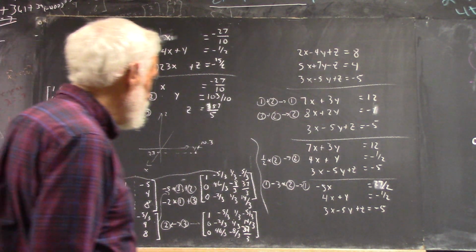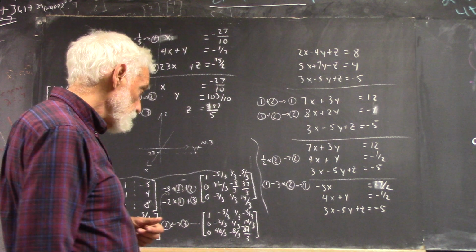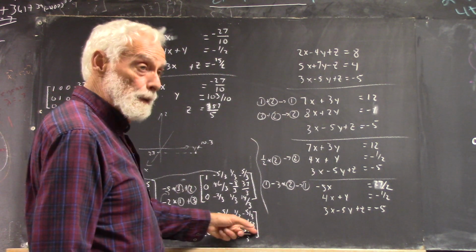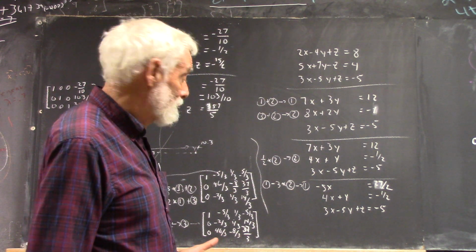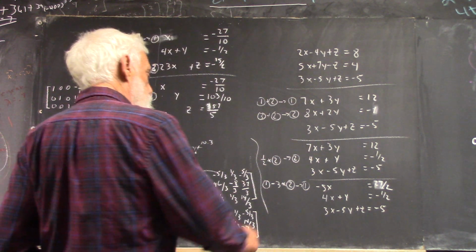And now if I take 3/2 of these numbers, things are going to end up much nicer. Okay? So actually I can do one more step here.